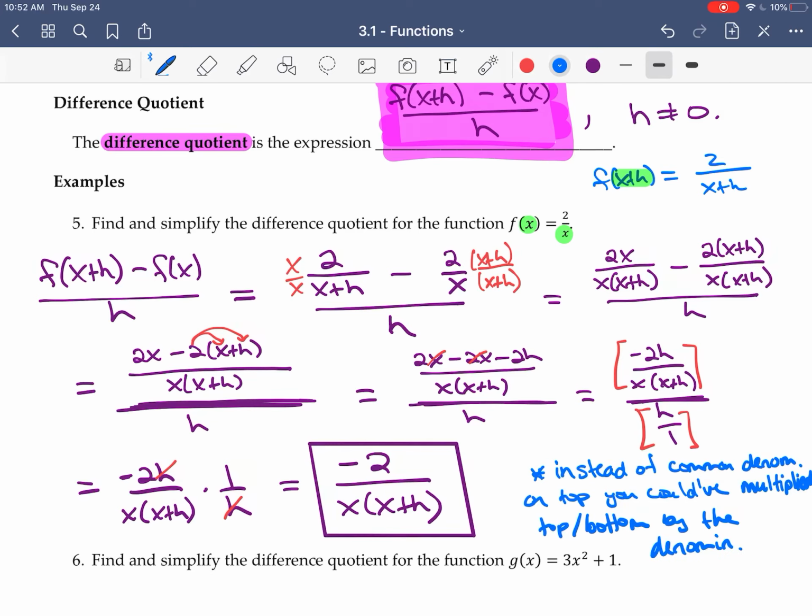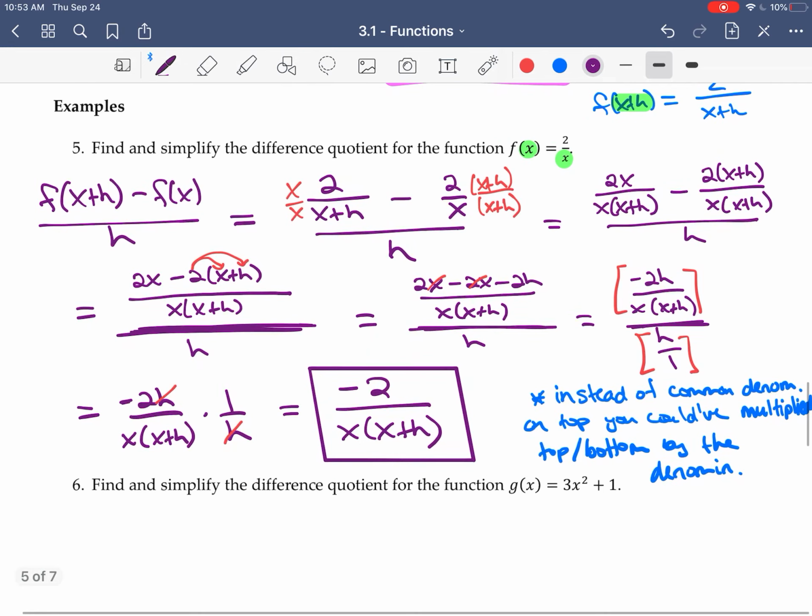And then you would have killed off the denominators fully. So it just depends what method you like better. I believe when we just did this in class that the students normally prefer the common denominator this time, but it varies. If you prefer to kill off the denominators, that is fine as well.